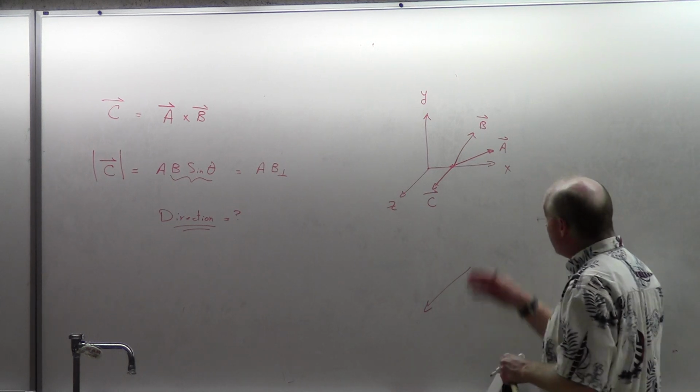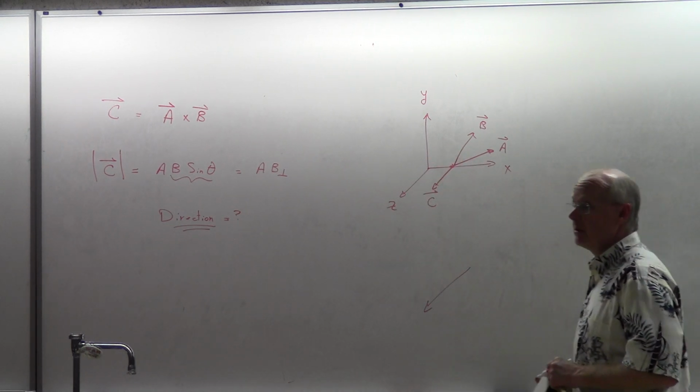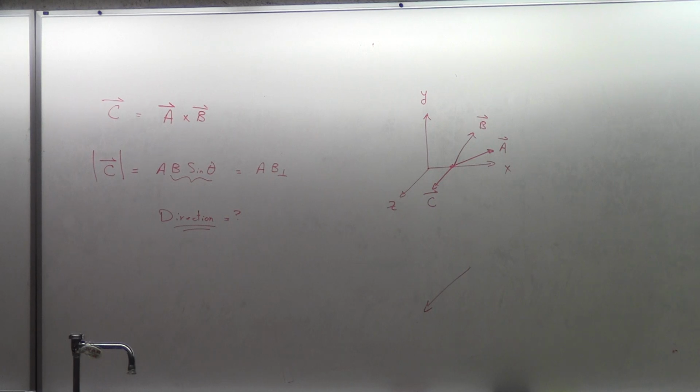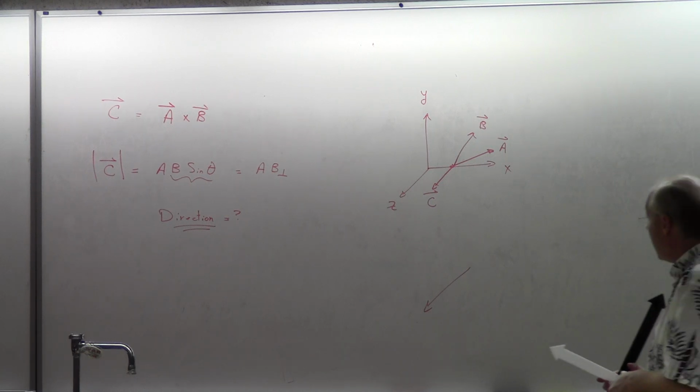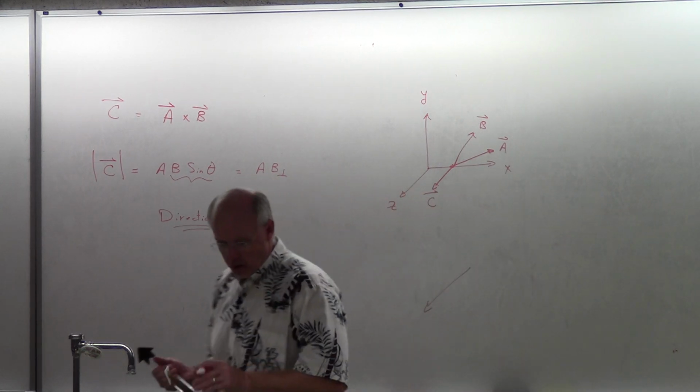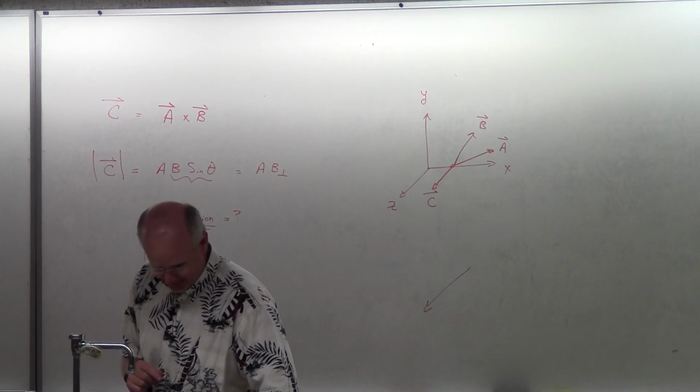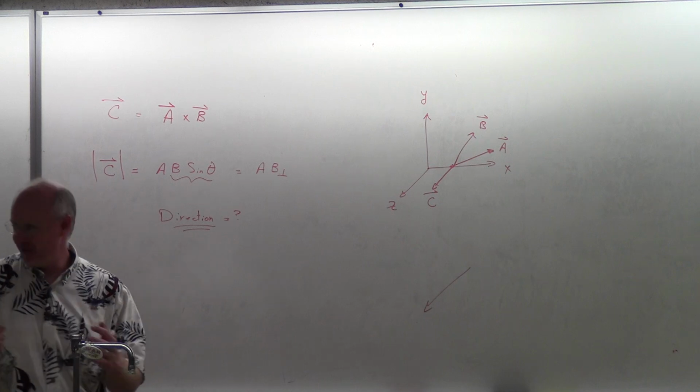But if you draw your axes, maybe that makes it very clear. Okay? So there's A cross B. And of course, that was the easy one to draw because A and B were in the XY plane.